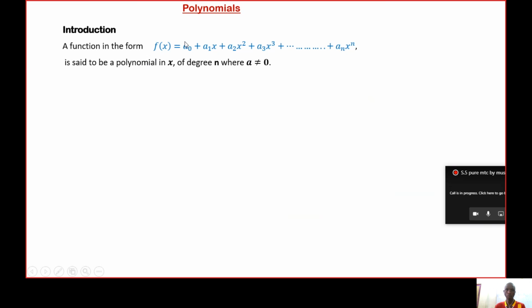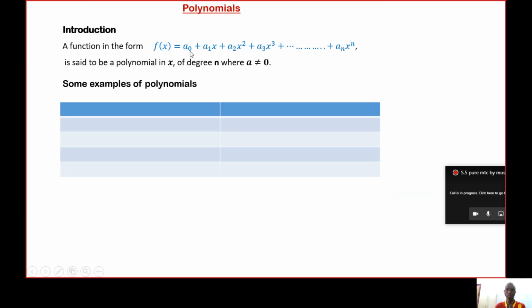And an should not be equal to 0. So when you look at this a0, a1, a2, a3, an, all these ones here, they are supposed to be constants. These ones are not supposed to be equal to 0.